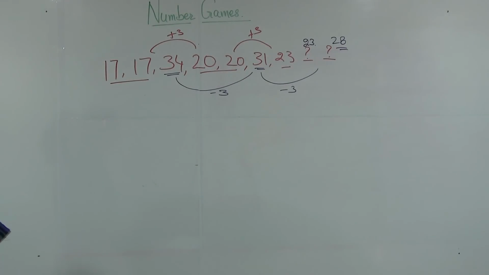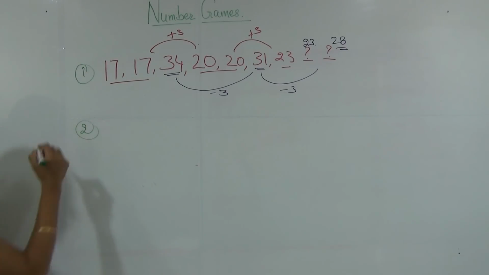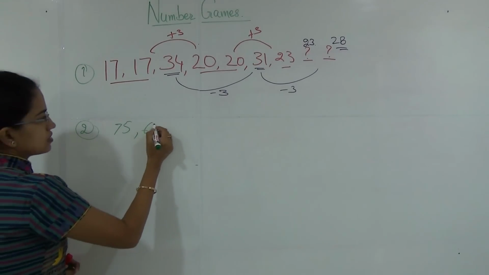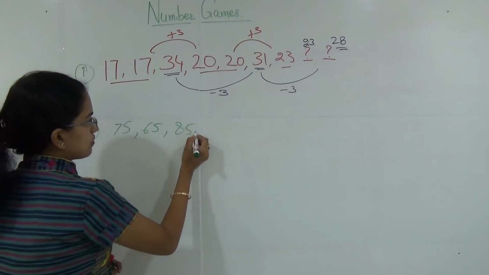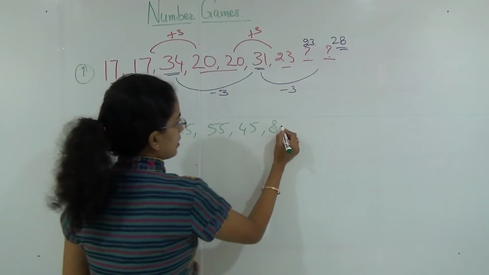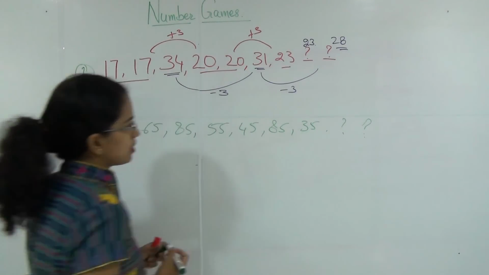Now I have again a simpler kind of example. So this was the first. The next example that we will be doing today is 75, 65, 85, 55, 45, 85, 35, and then what would be the next two numbers?